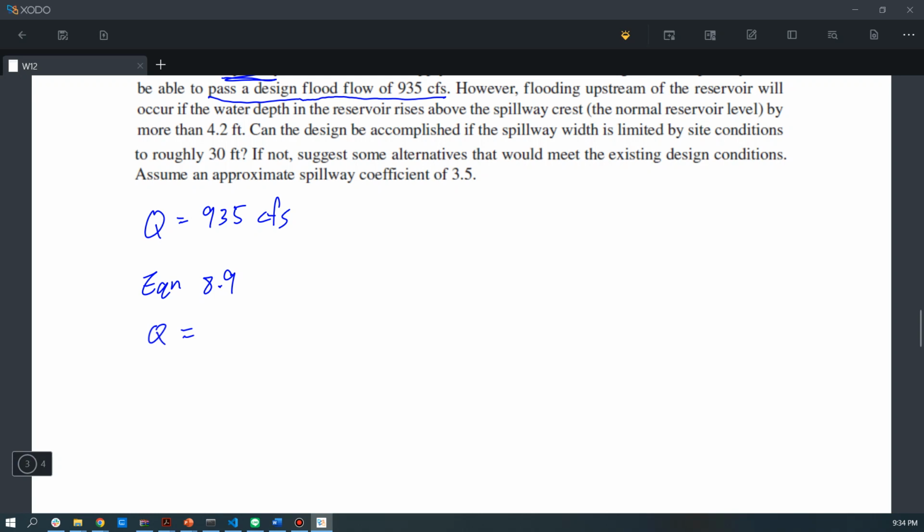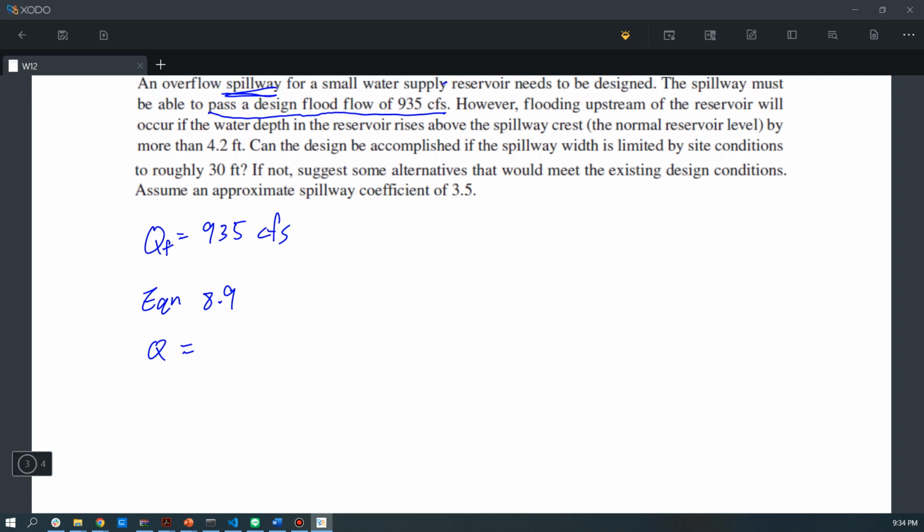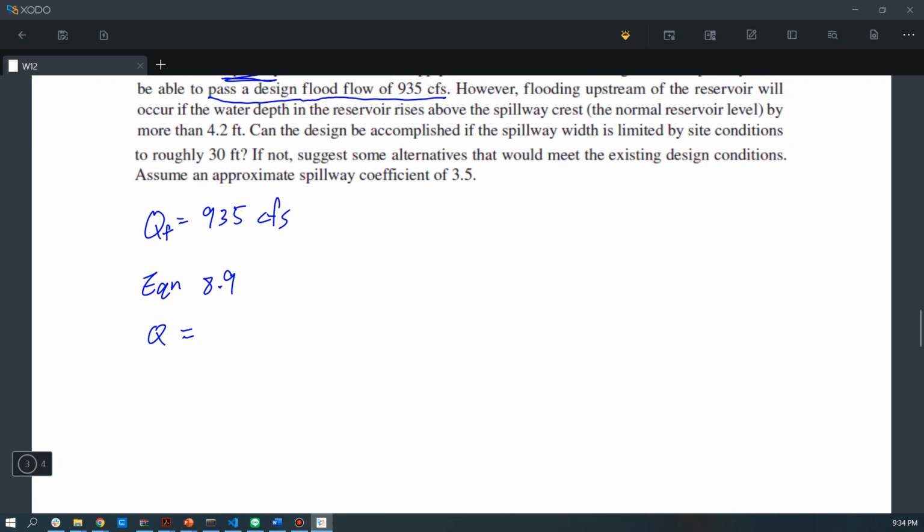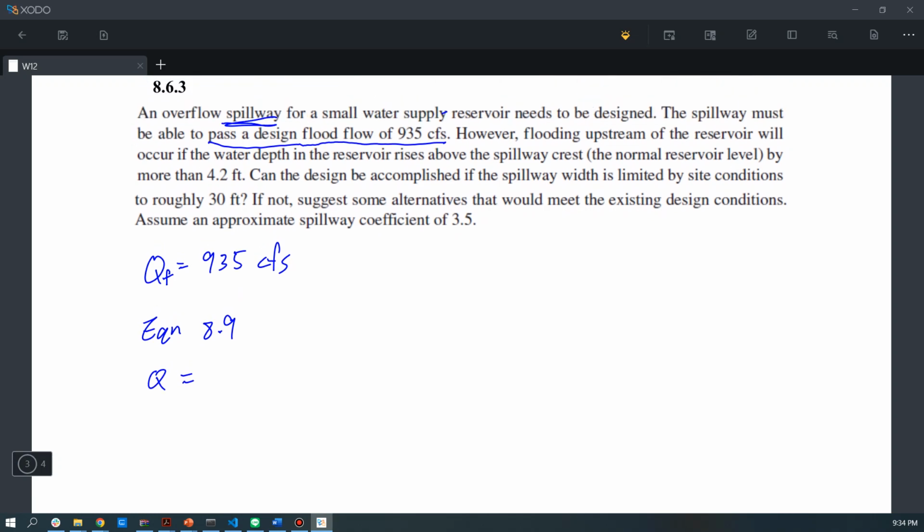That's the flow rate Q equal to, and I will write Q_F for the design flood flow. This Q is the flow rate of our designed spillway. The Q will equal C times L times H_S to the power of 3/2.